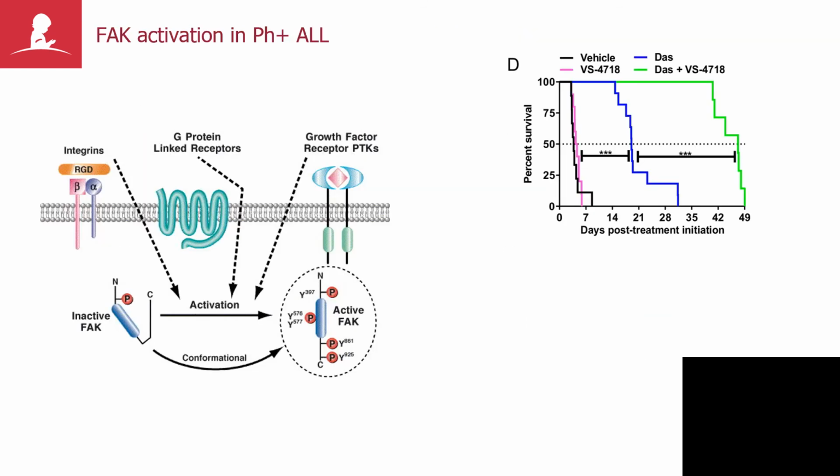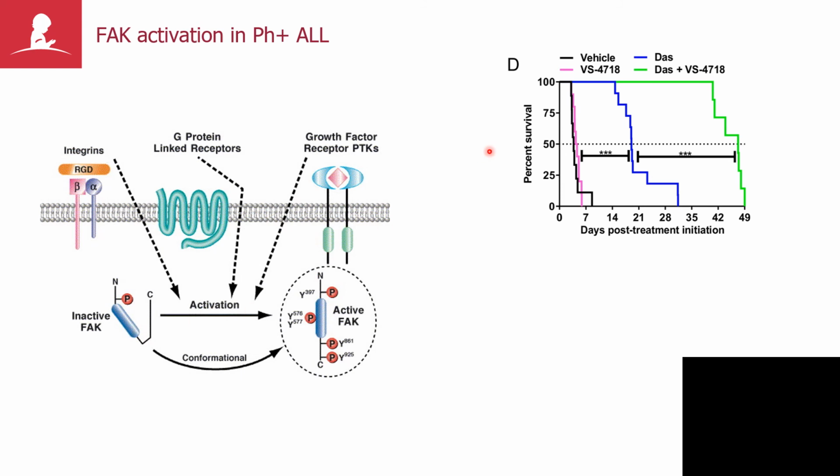And this can be therapeutically addressed because in many ways, in fact, one striking way of reversing this drug resistance is through FAK inhibition as shown here. This is important because as these cells adhere to each other, they activate signaling through integrins that are mediating adherence, and that activates the focal adhesion kinase pathway.